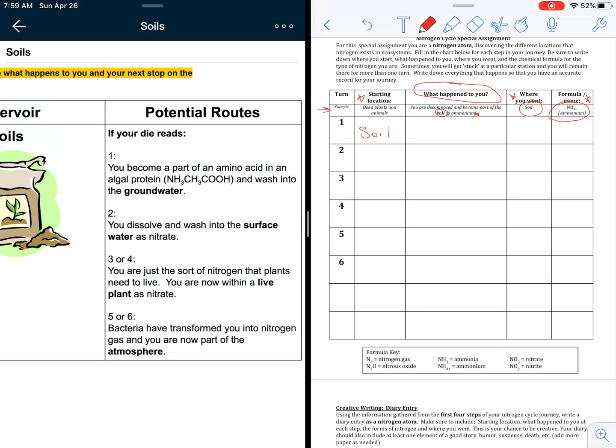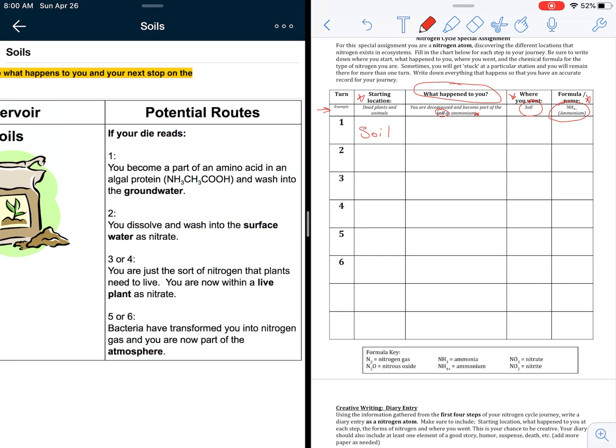Now, here's the thing. You can just pick a spot. Maybe you want to go to the atmosphere. That's perfectly fine. Just pretend that you rolled a 5 or a 6 and go to that location. If you have a dice at home, you only need one dice. Roll it and see where you go. Otherwise, I do have a virtual dice roller attached to this assignment, or you can just Google search dice roller.